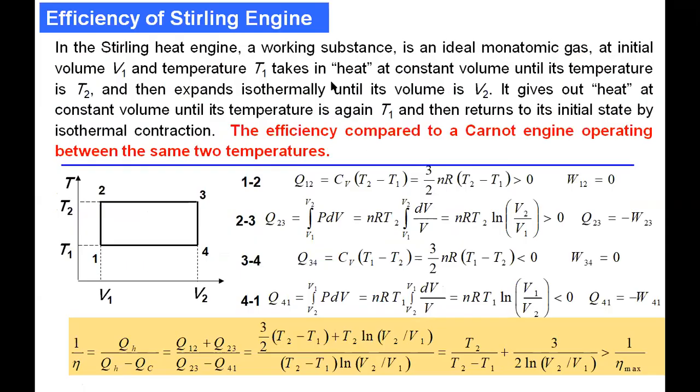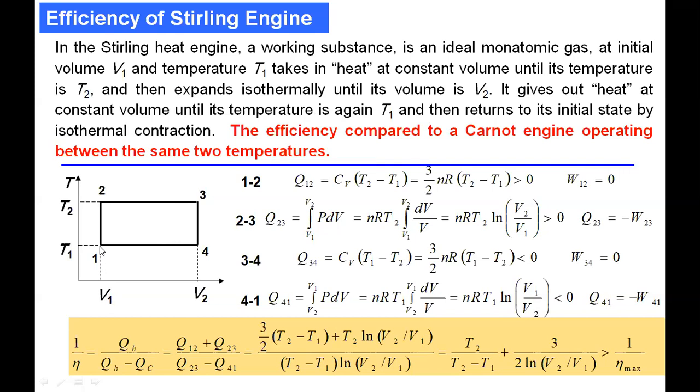What is the efficiency if we calculate the efficiency of a Stirling engine? In the Stirling heat engine, the working substance is an ideal monoatomic gas at initial volume V1 and temperature T1.